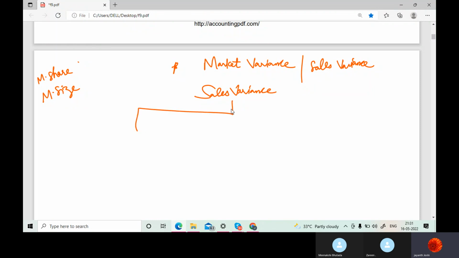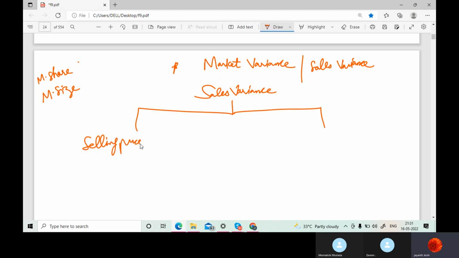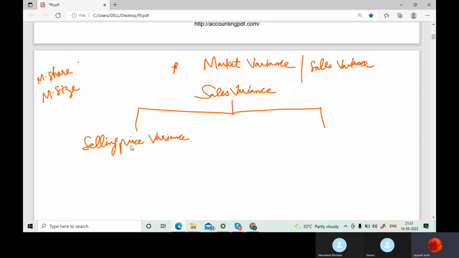In sales variance we are supposed to find two types of variances. One is selling price variance or sales price variance, anything you can take it for. Okay, selling price or sales price variance.